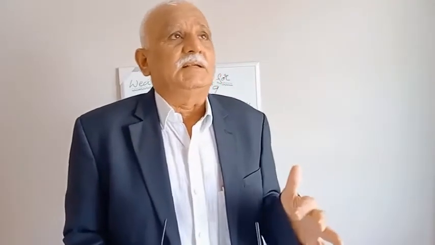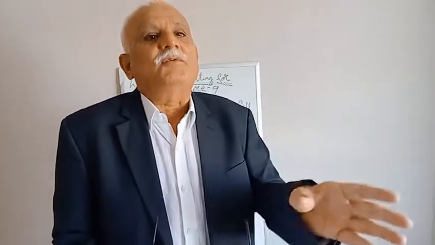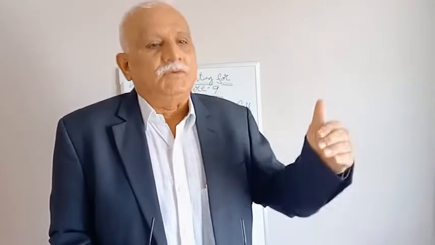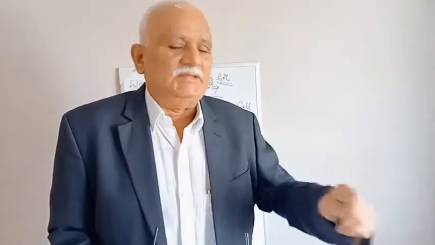Here in this class, I wanted to impress upon you that as far as the heavy rainfall forecast is concerned, there is a slight variation in the short range, medium range and long range weather forecasting. That we discussed in the previous classes.